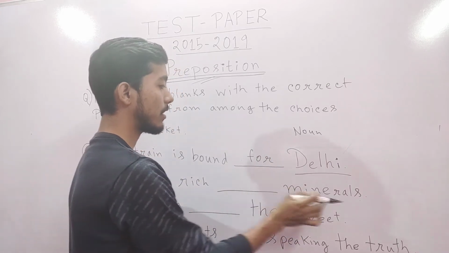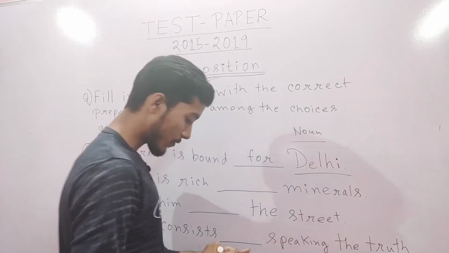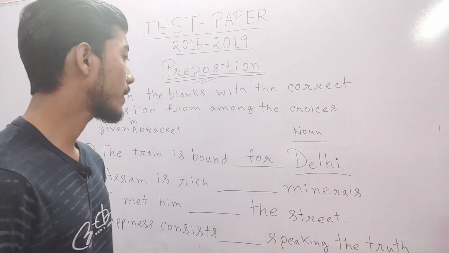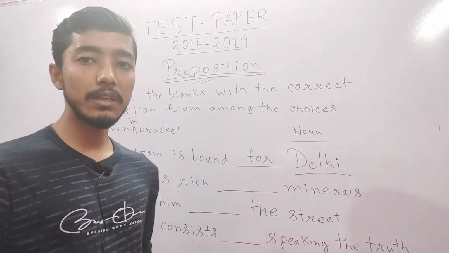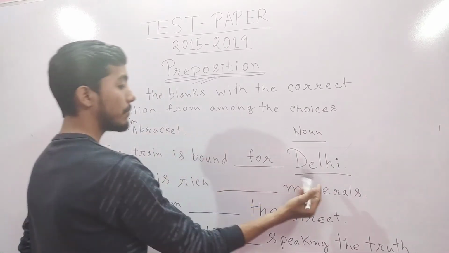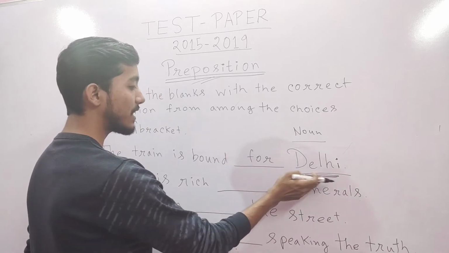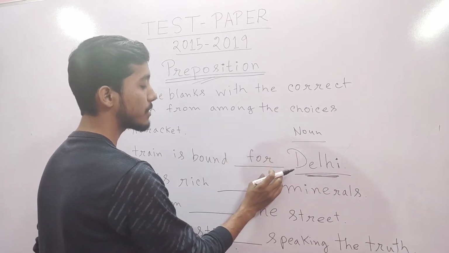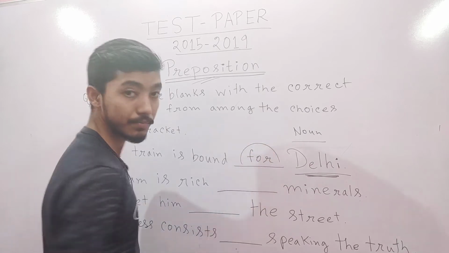If here it is not a noun, if there is a verb, then we will use to, at, or something like that. But whenever there is a verb at the end of such sentences, or at the place before which we are to put the preposition, always we must put for.